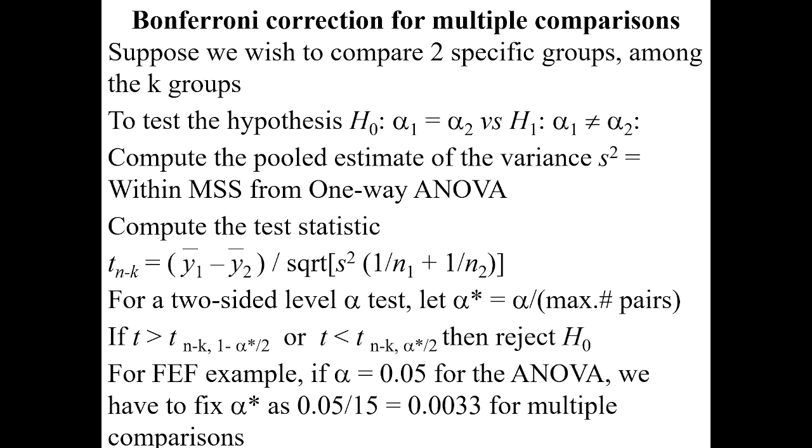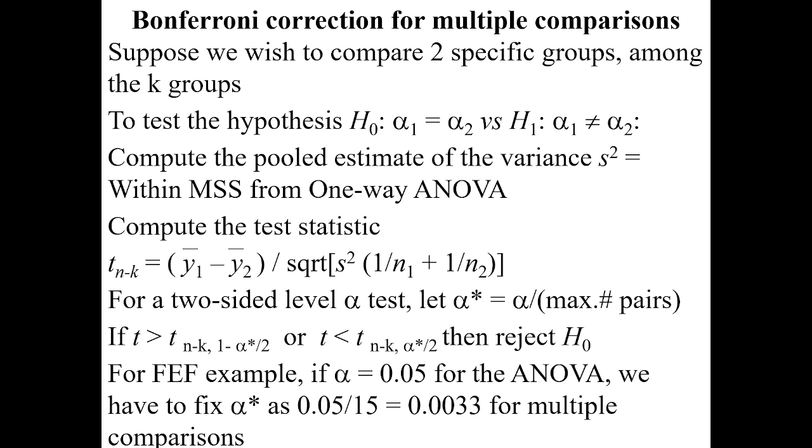This alpha should not be confused with the group effect. Here we mean the level of significance of the statistical test, which we fix before we perform the test, such as alpha 0.05 or 0.01. So this alpha is not to be confused with the group effect alpha.